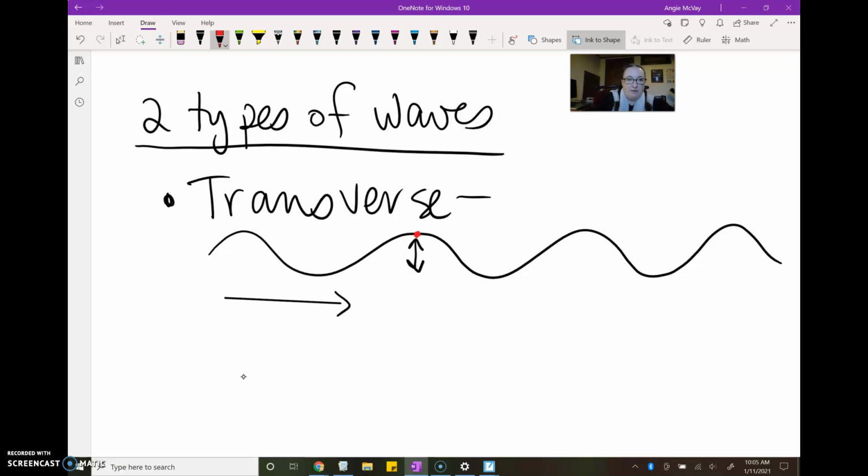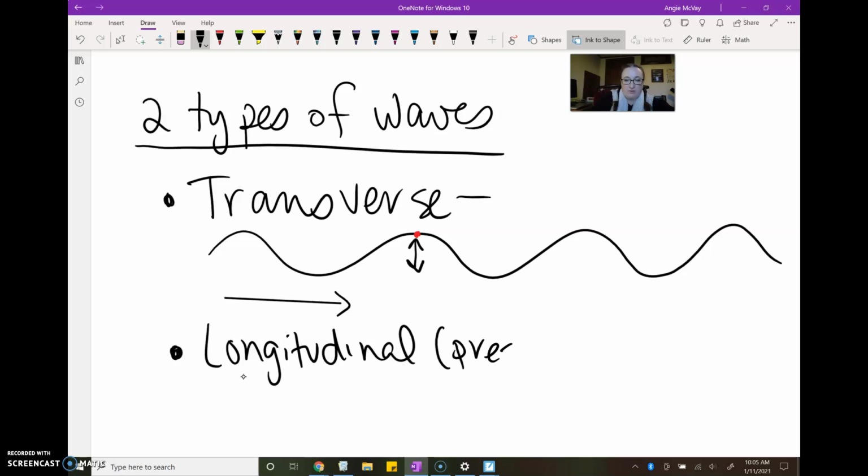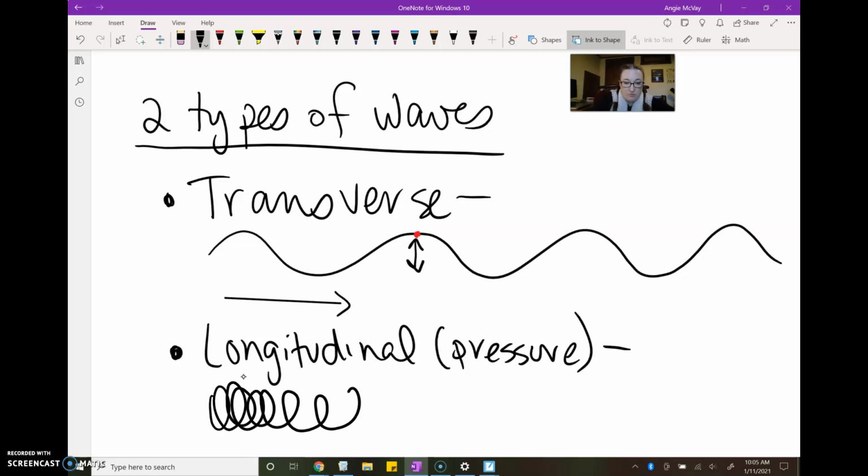And then there is what's called a longitudinal wave, or a pressure wave. If you can visualize a slinky, you might have to visualize it because my drawings are not super good.